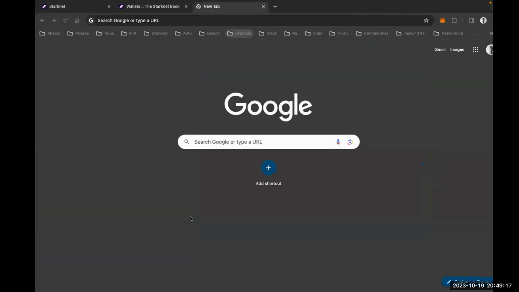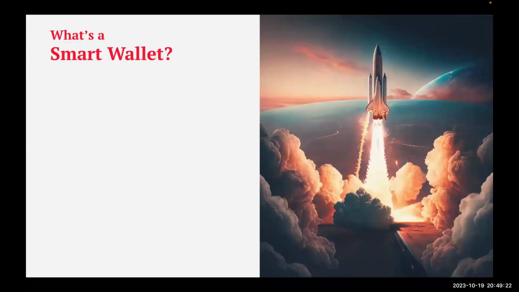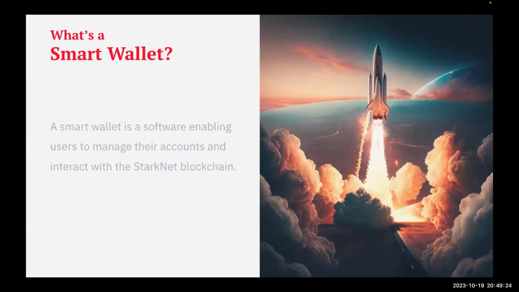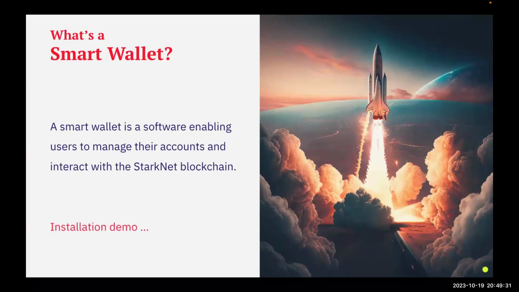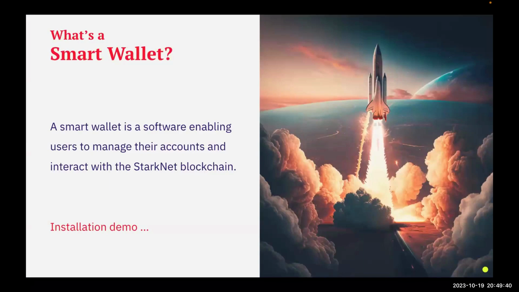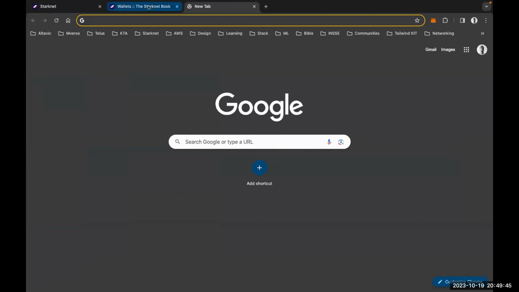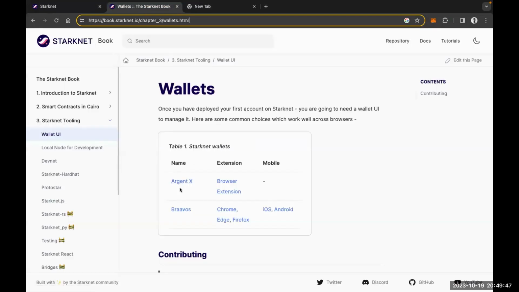So for smart wallets, there are two main wallets used on Starknet. The first one is Argent X, and the other one is Braavos.